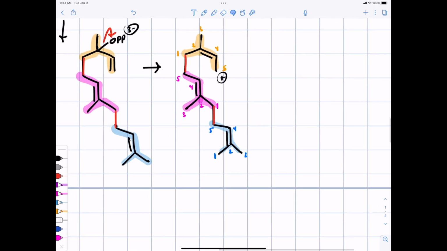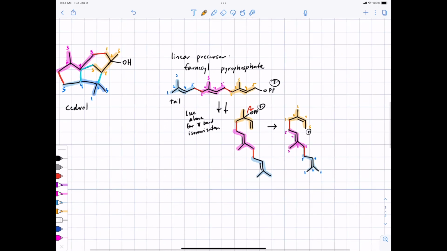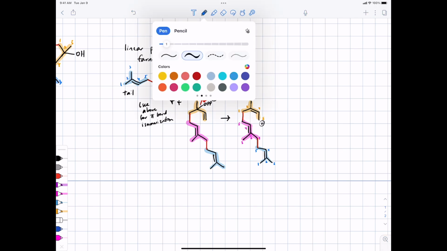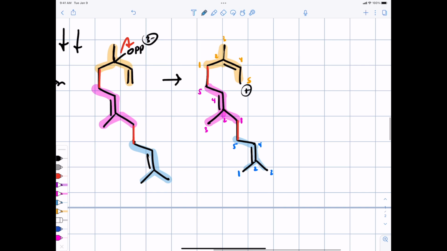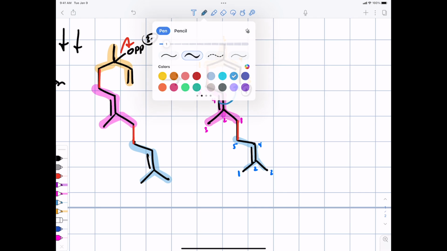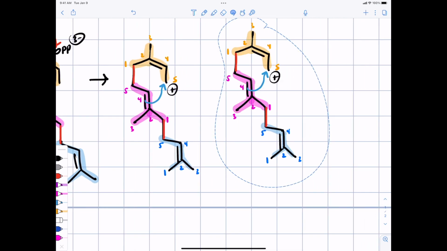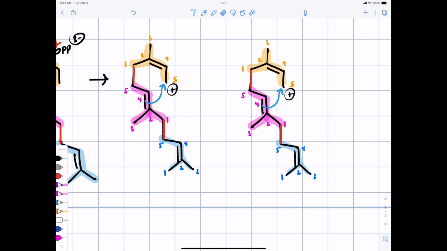I don't know, sorry. So, we're going to make that bond between 4 and 5 over here by the exact same step that we did previously, which is pi electrons attack the electrophile to give us a new 6-membered ring, and the regioselectivity of that process is going to be governed by the Markovnikov rule.